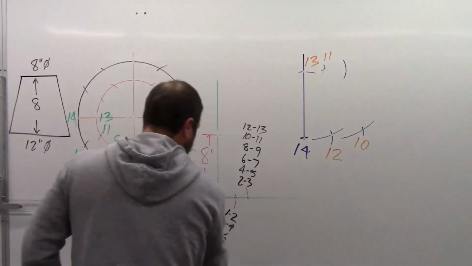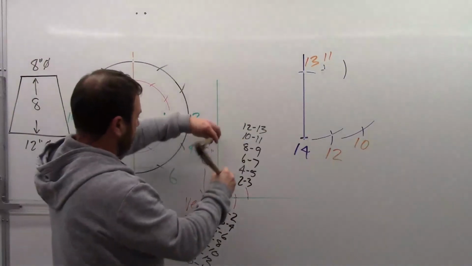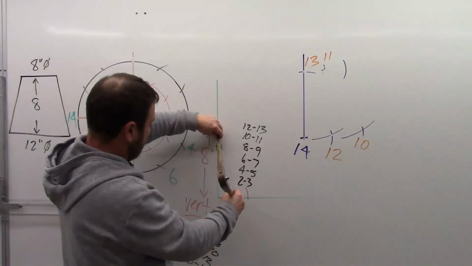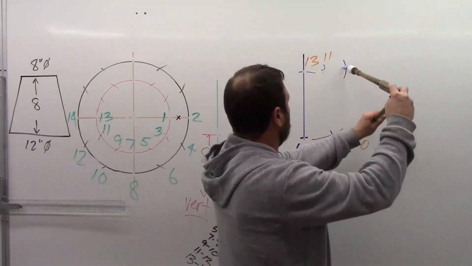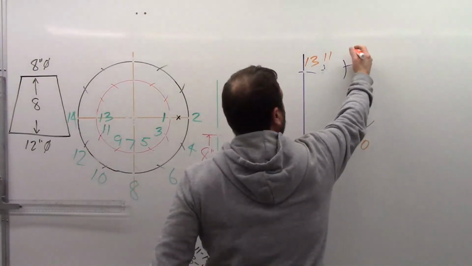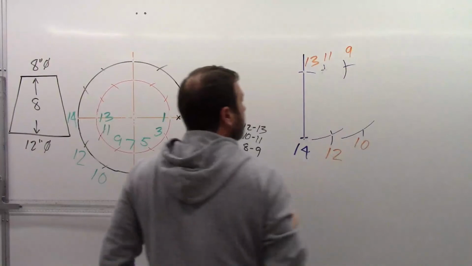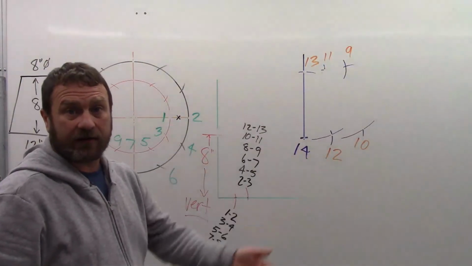Ten. 9, 10. I already had my step off. And that becomes 9. Okay, we're just going to continue this process until we get it all the way through.